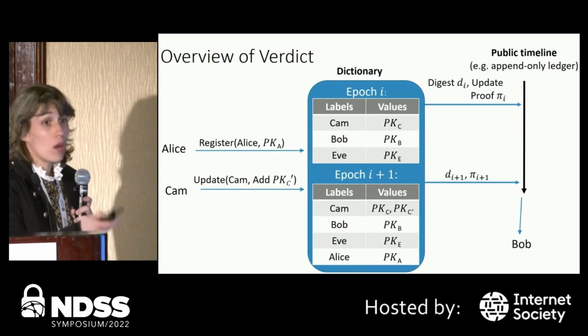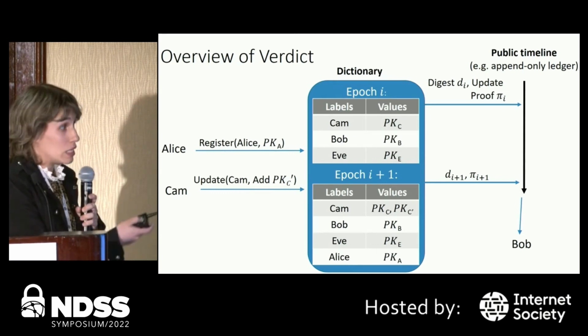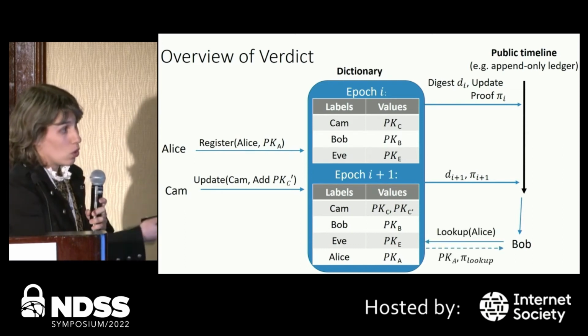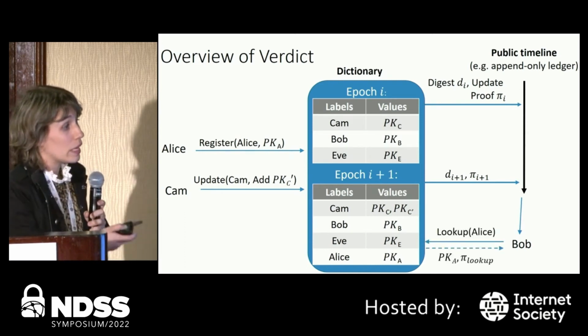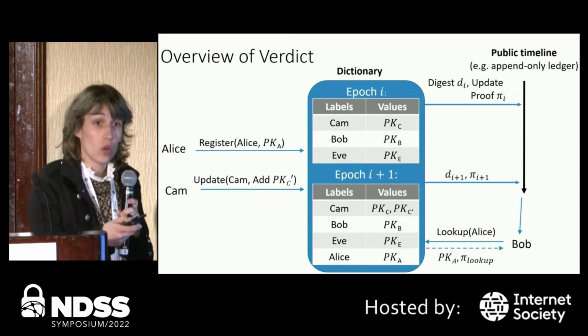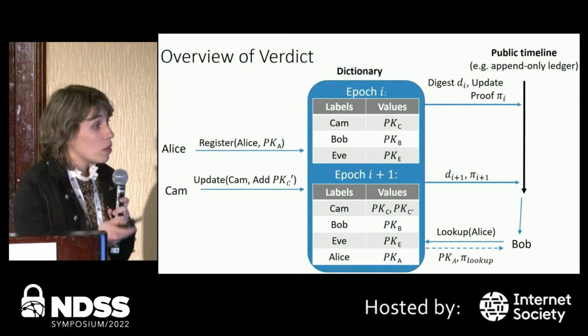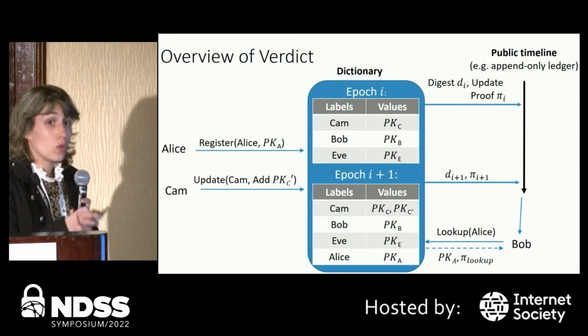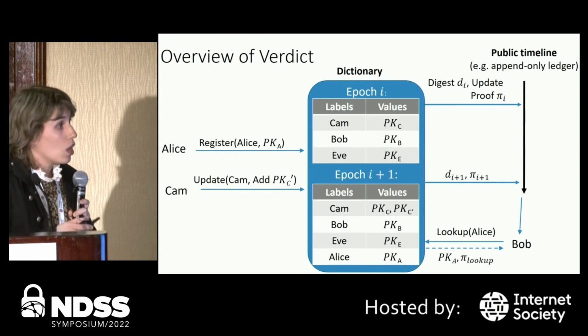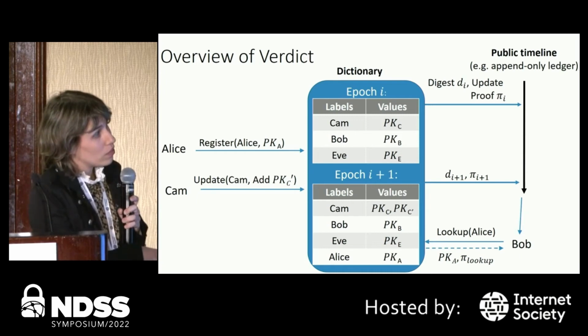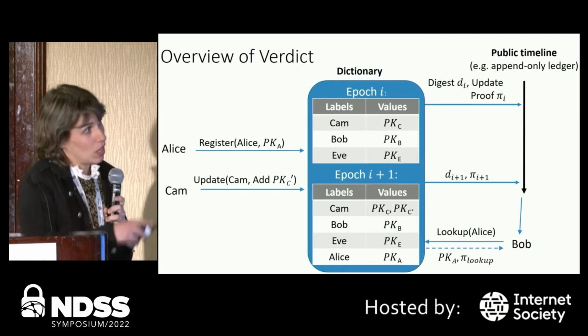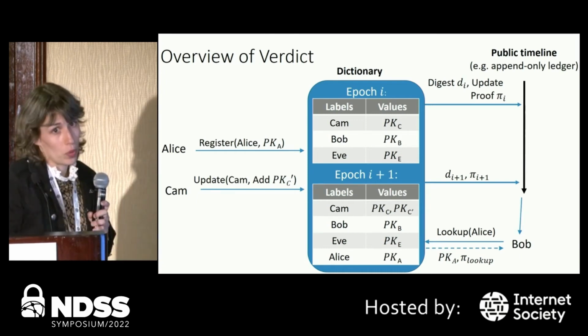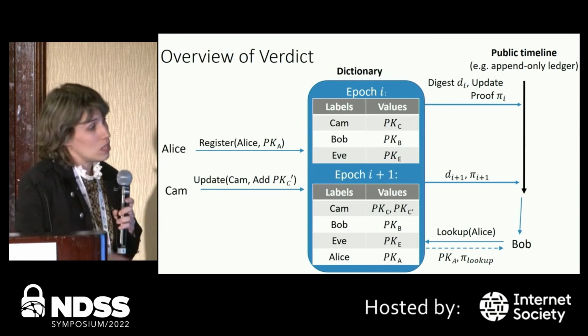Then when Bob wants to read Alice's key, he does a lookup query to the dictionary, and gets back the reply along with a lookup proof. This is a membership proof that shows that the answer is consistent with the latest published digest. If Bob verifies all of the proofs in the timeline and the lookup proof, then he knows that this is indeed Alice's key.